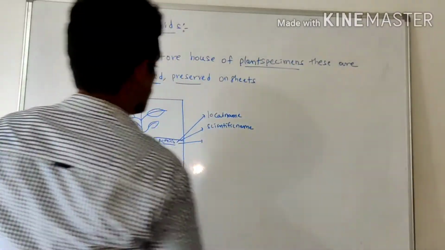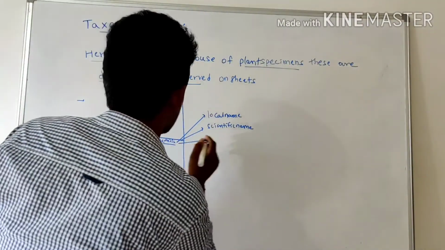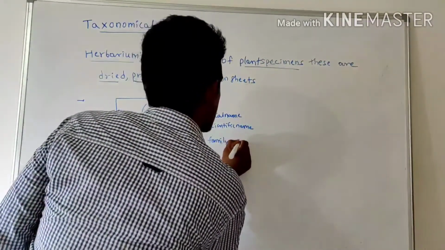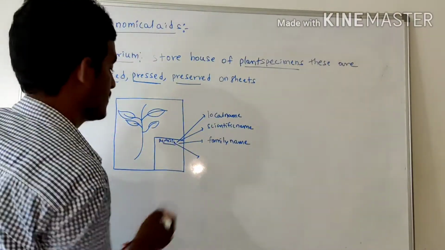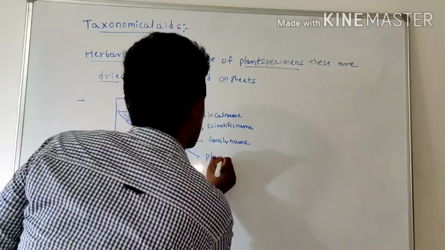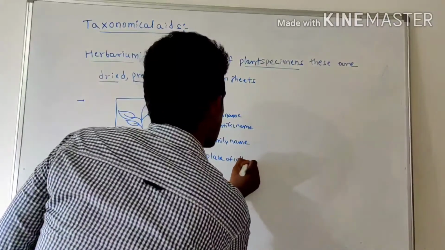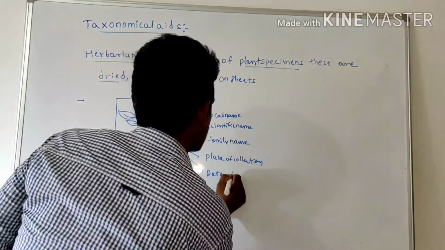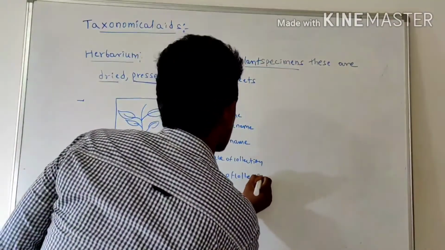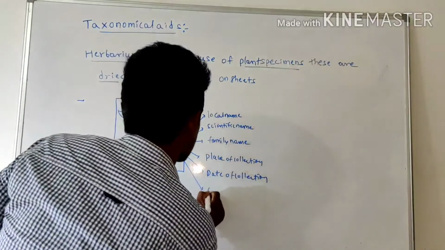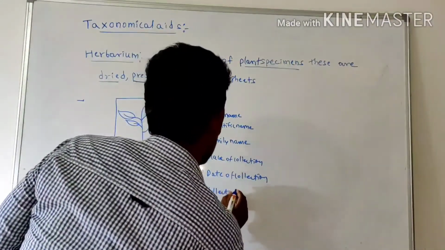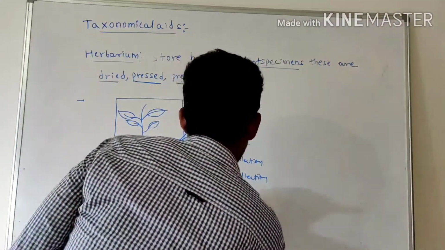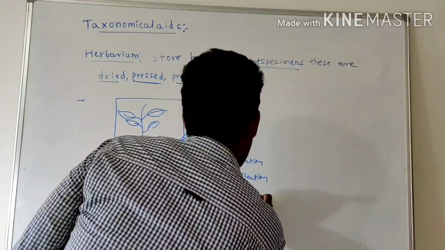and along with that, we should mention which family this plant part belongs to, the family name, place of collection, date of collection, and the collector's name, who collected it.